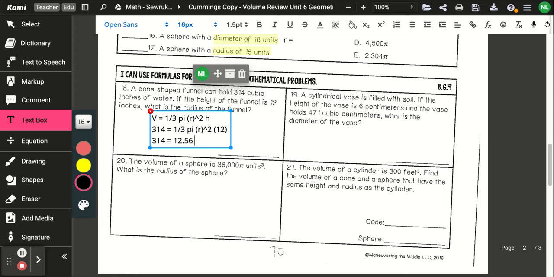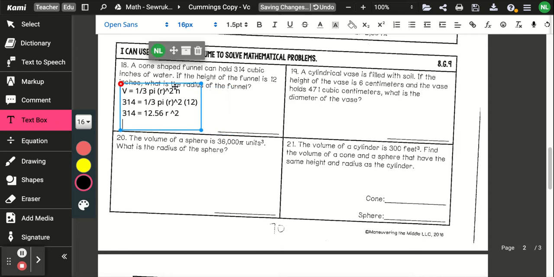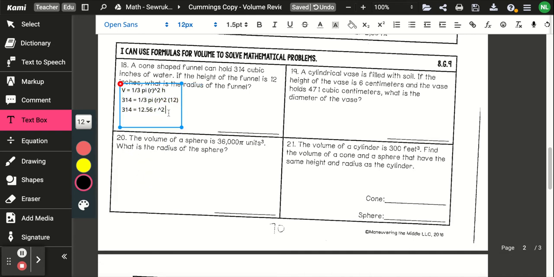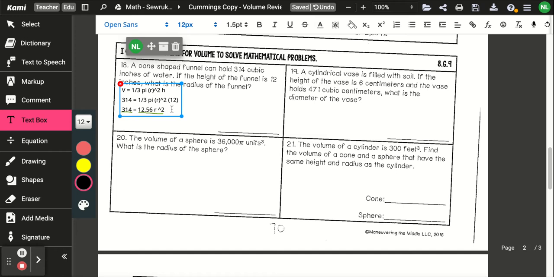And that's times my radius squared. I need to get radius squared by itself. So then I have to divide. I'm going to move this up a little bit. Actually, I'm going to make this smaller too because I want to be able to fit everything I need to do on here. So now I have to divide by that 12.56.